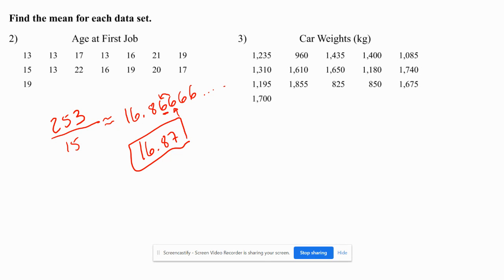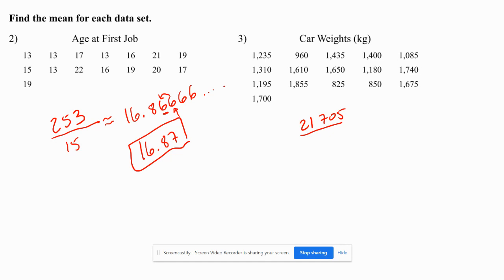Now let me take a look at my example here, number 3. I'm going to add my numbers: 1,235 plus 960 plus 1,435, and on and on. Once again, I'm going to use a calculator to do this. So I add all my numbers and get 21,705. Like I said, I added all my numbers, and I'm going to divide this by how many I have.